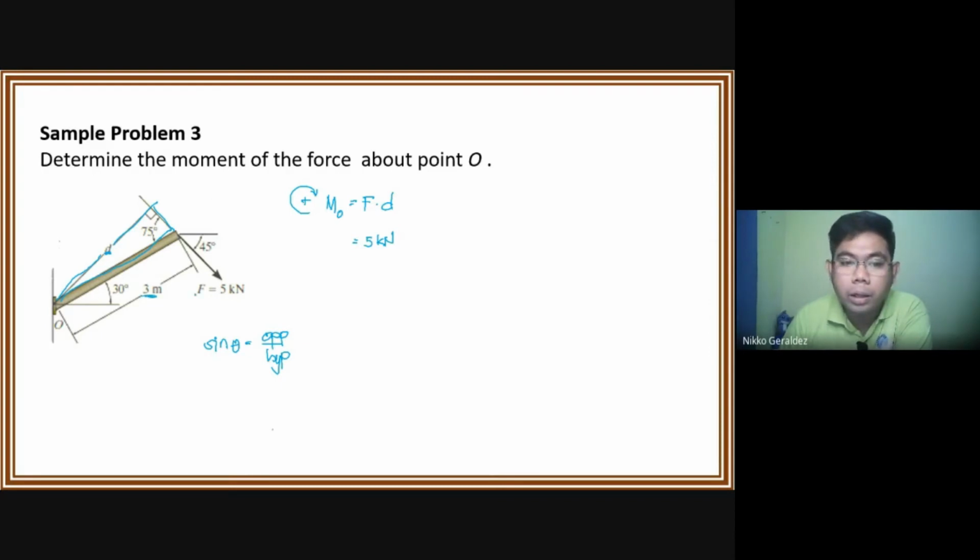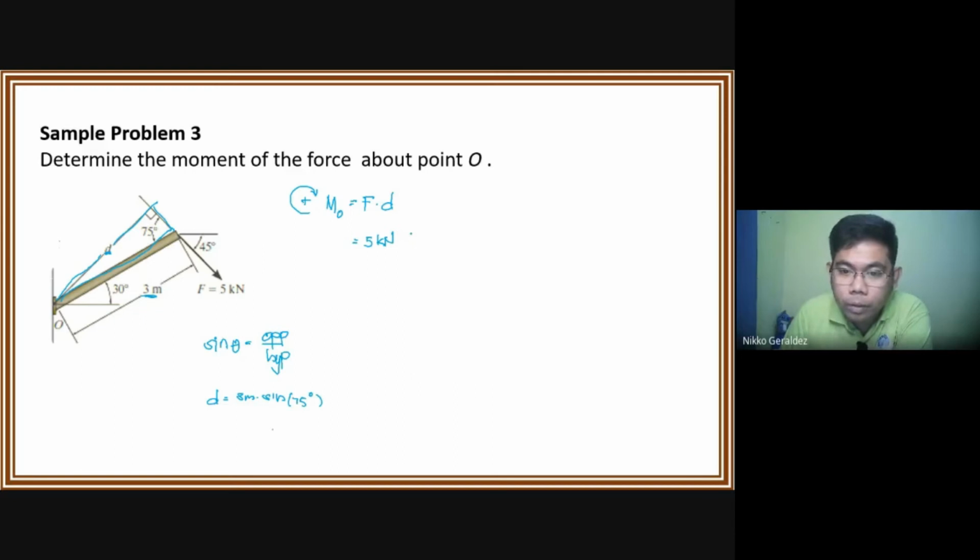Ang magiging formula natin to solve for D: opposite side is equal to, cross multiply, hypotenuse, 3 meters, times sine of 75 degrees. So, D is equal to 3 times sine 75. Substitute natin sa formula.